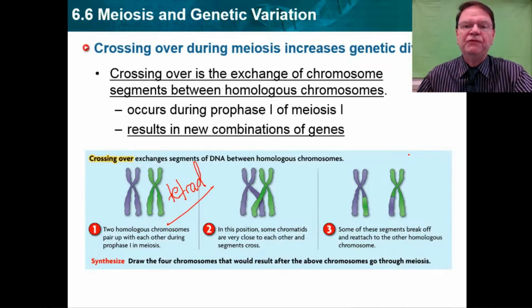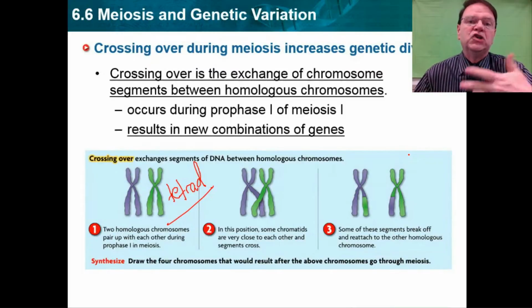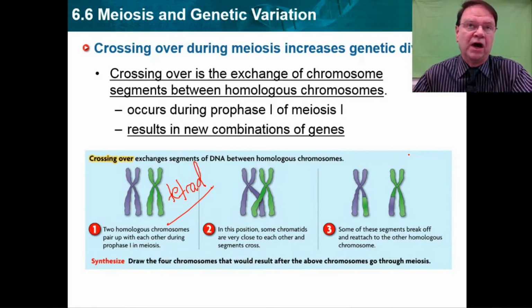And of course, the benefit to the species that we're speaking of is that the greater the recombination, the greater the genetic diversity, the greater probability that we have that there's going to be organisms that are going to be successful as they survive in varying different types of environments.